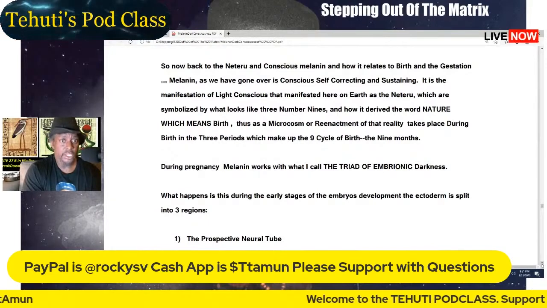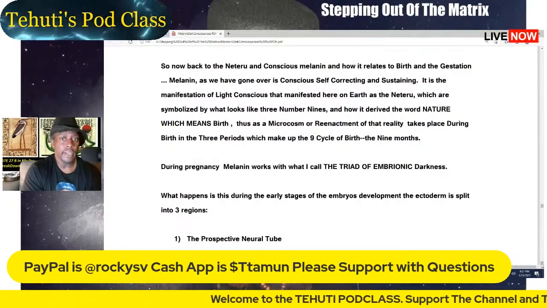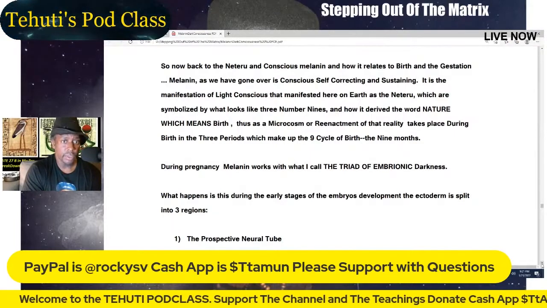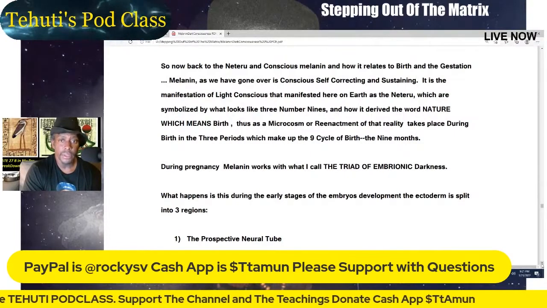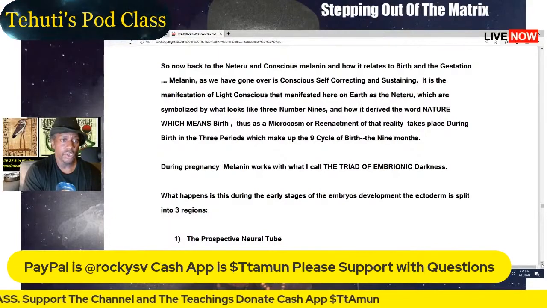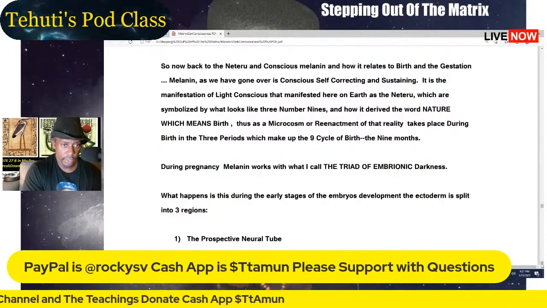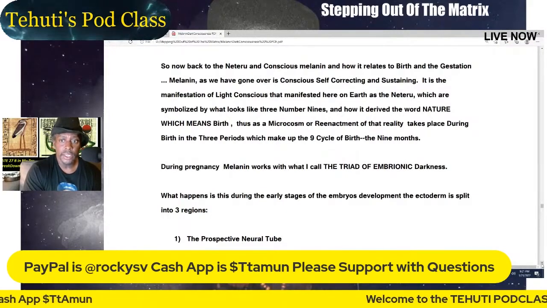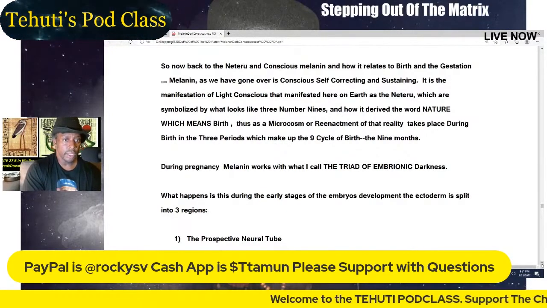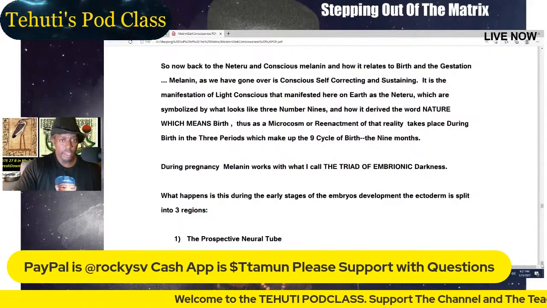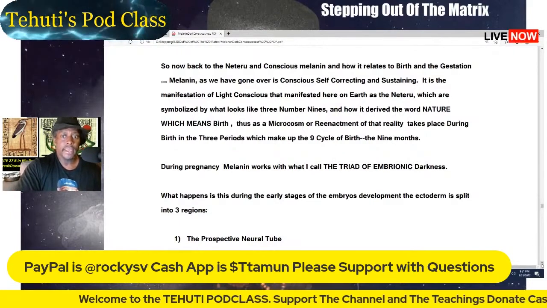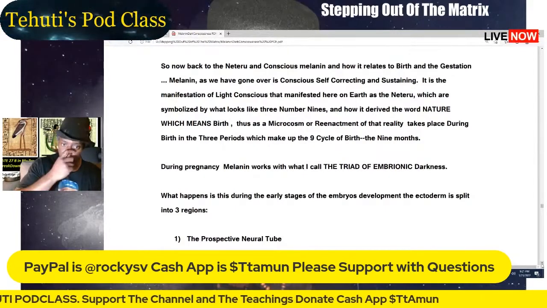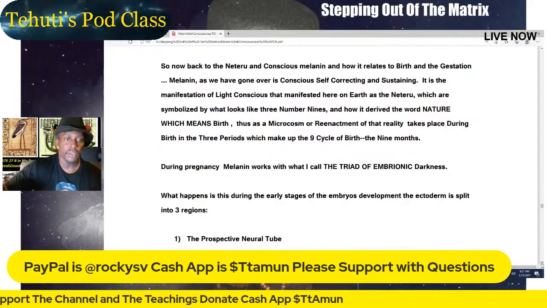It is the manifestation of light consciousness that manifests here on earth as the Nibiru, which are symbolized by what looks like 3 number 9s, and how it derives the word nature, which means birth. Thus, as a microcosm or reenactment of reality taking place during birth in the 3 periods which make up the 9 cycle of birth and the 9 months. During pregnancy, melanin works with what I call the triad of embryonic darkness.